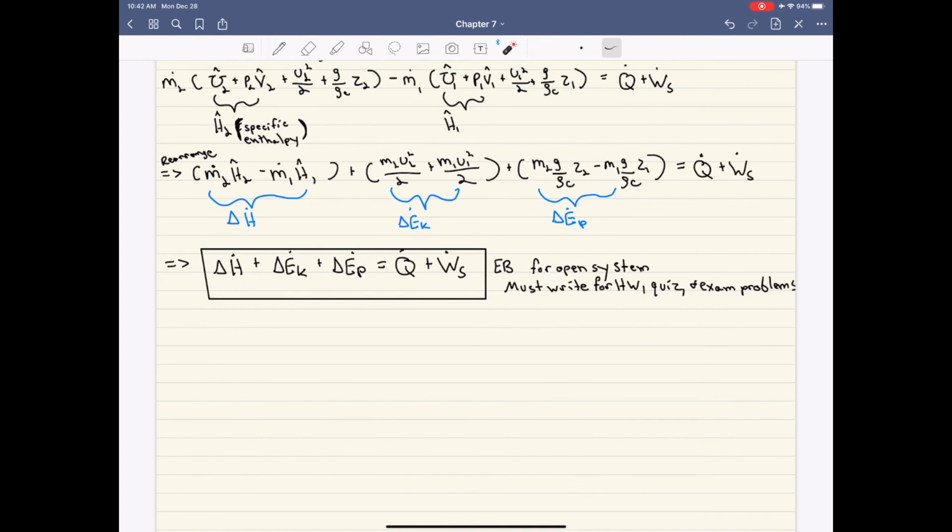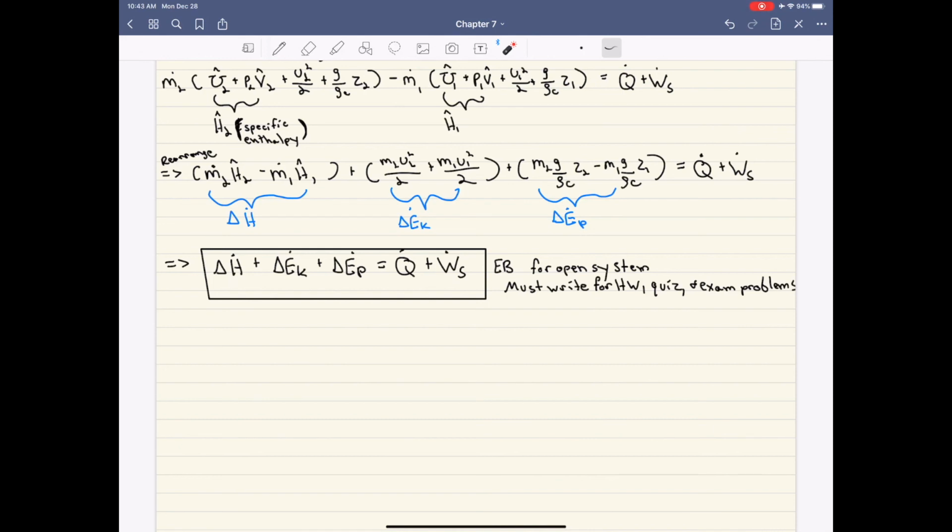On the right-hand side, instead of a general work term, we only have the shaft work. The reason is that we moved the flow work to the left-hand side in order to create that specific enthalpy term.